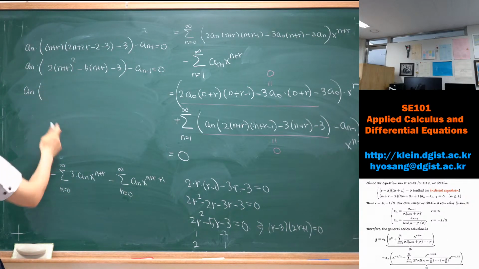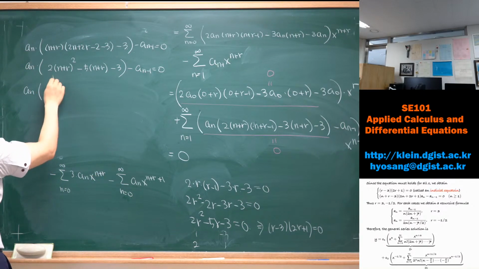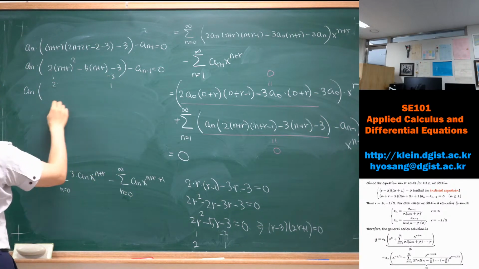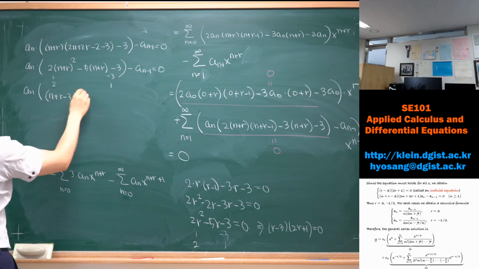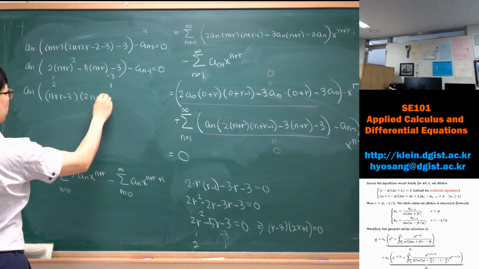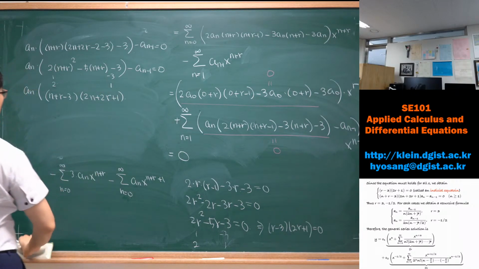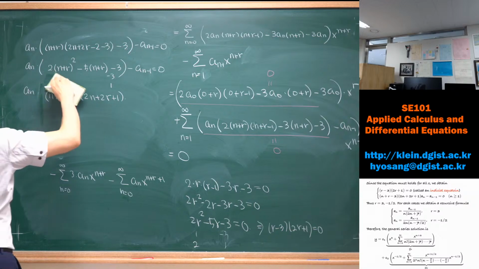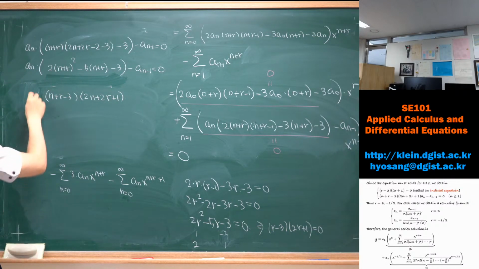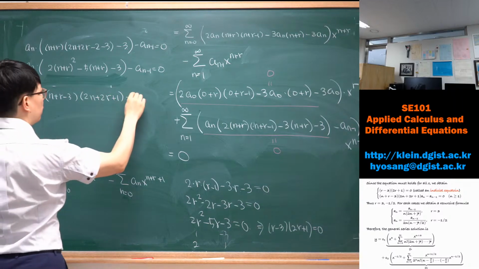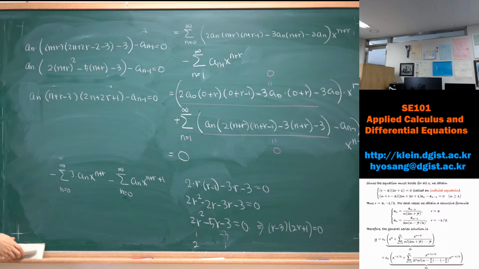So therefore this is the same equation actually. So we have n plus r minus 3 times 2n plus 2r plus 1 times an, minus an minus 1 equals 0. Okay.